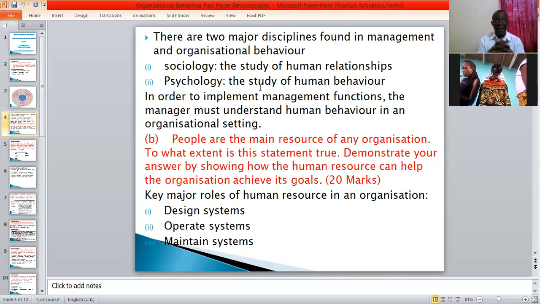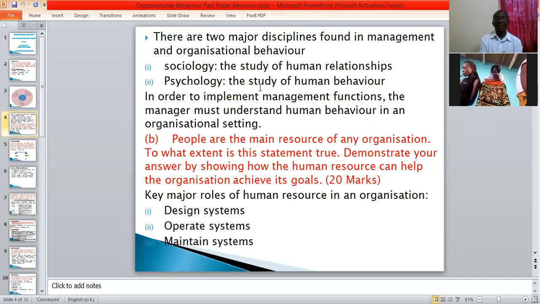Is that clear? Is that understood? Yes. Sir, I want to understand. Yes, please. In my own thinking, you are saying in management theory and practices we are looking at the relationship between human beings, that is the relationship of sociology, the study of human relationship.